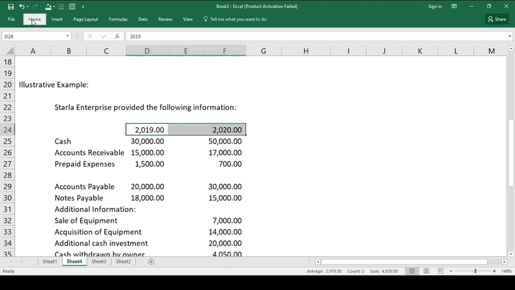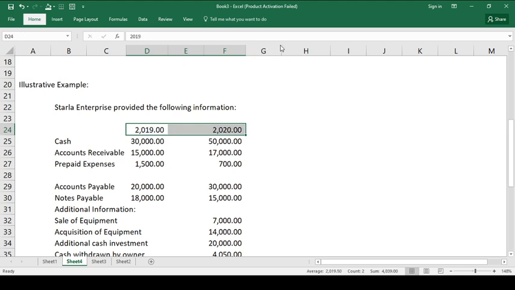Starla Enterprise provided the following information related to the current year's operation. Okay, palitan ko lang itong 2019 at 2020 into a general na format, para hindi siya tignan na parang mga pera, kundi years. So, papalitan ko lang.